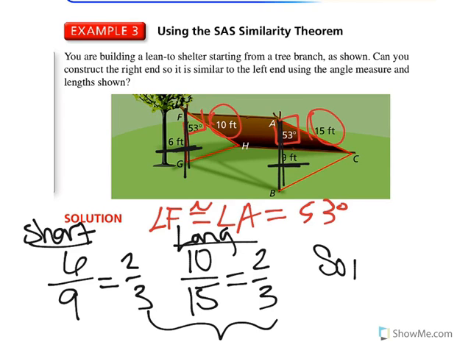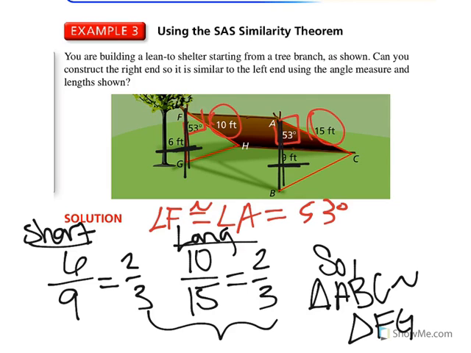So triangle ABC is similar to triangle FGH. Just to recap, you just need to make sure that you have an included angle that's the same measure, and then that you have two sides that are proportional.